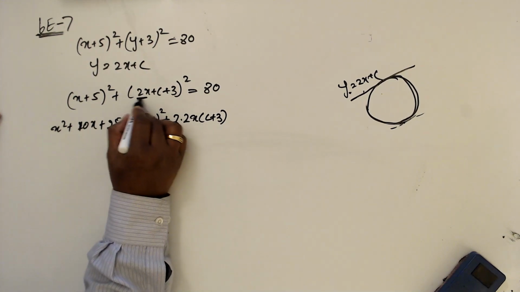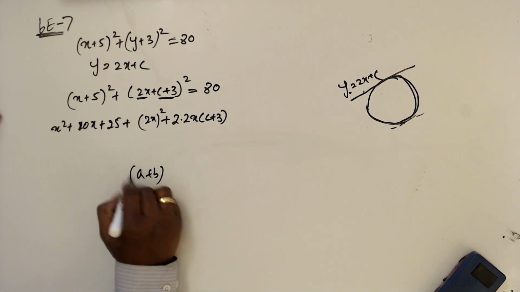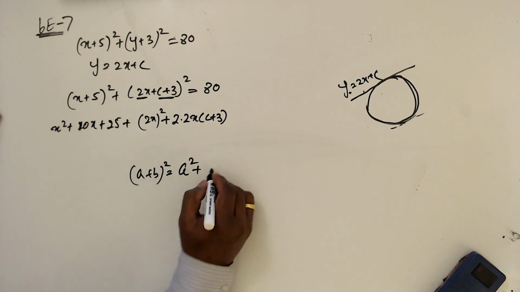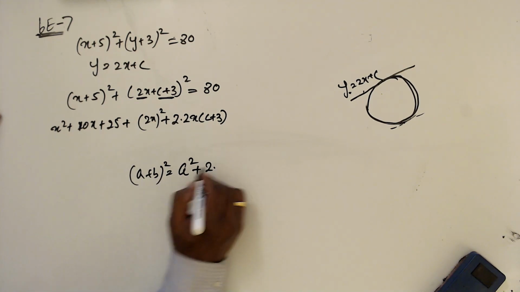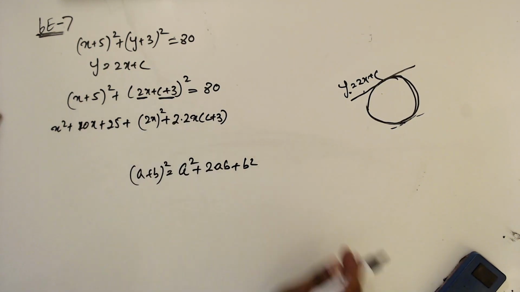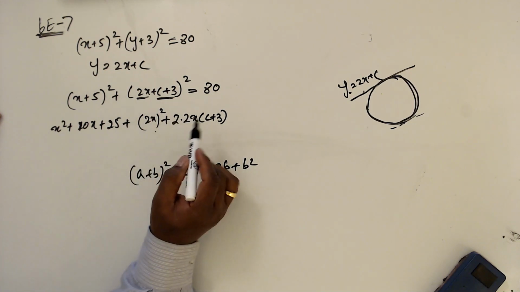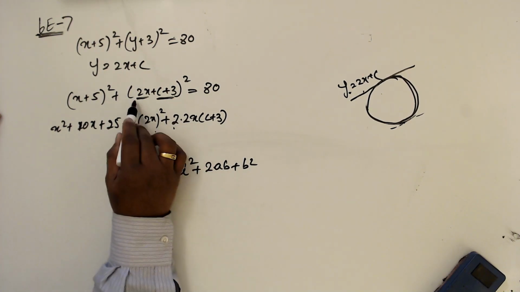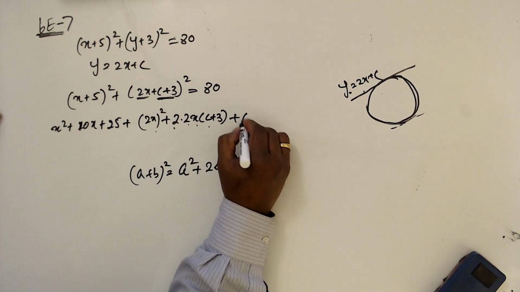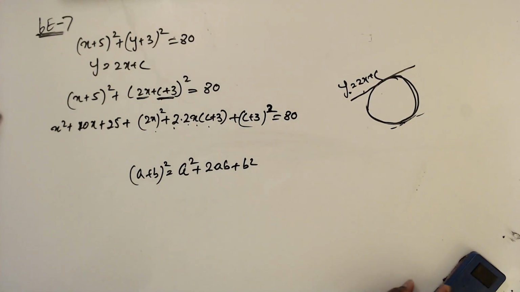Now you know a plus b square is a square plus 2 times the product of those two, and b square. So 2x square, 2 times 2x times c plus 3, and c plus 3 square equals 80.